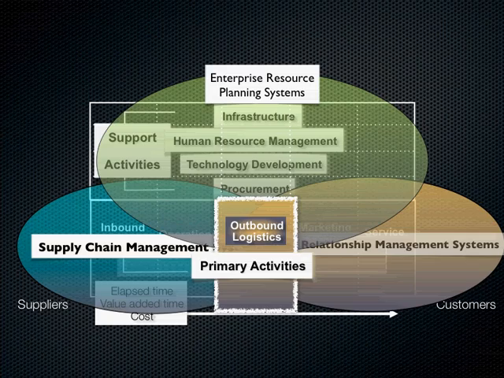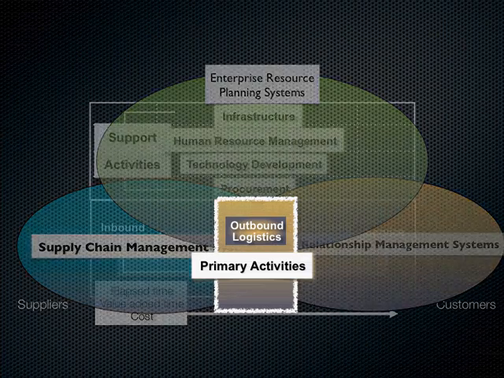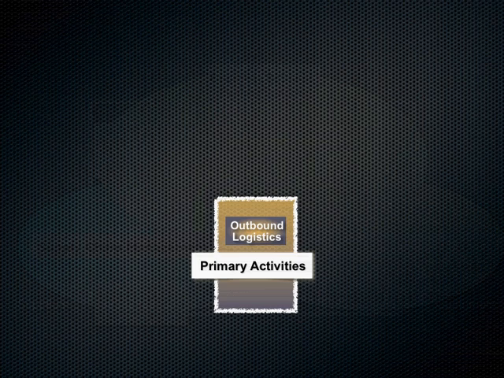And the combination of all of these things gives us not only our sales information, but this is where cost of goods sold ends up. So the cost of goods sold, the cost of selling, all of our overhead calculations end up affecting the activities that are associated with outbound logistics.